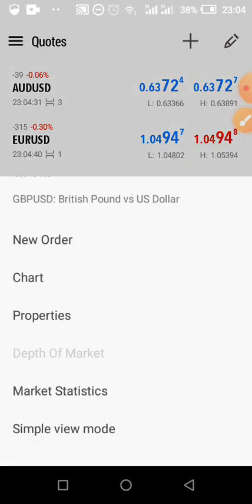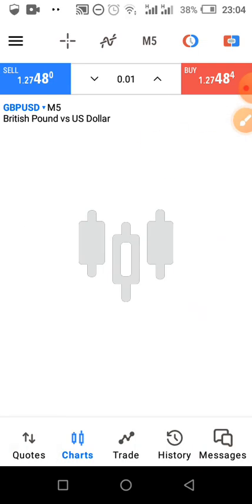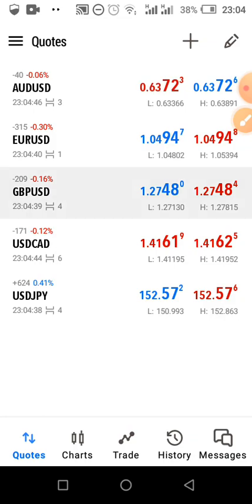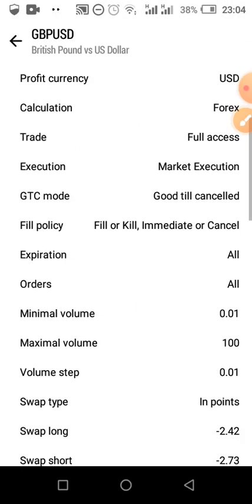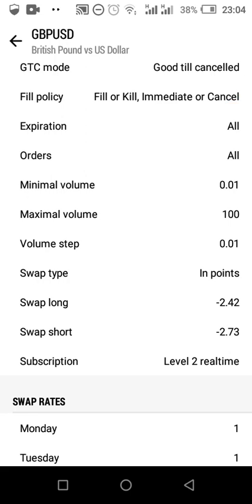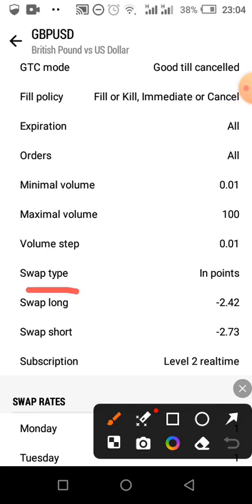Now, if I go back to the properties for the GBPUSD currency, swap long, if it's a buy trade, will be minus 2.42. So that could be your swap if you had opened a buy trade.